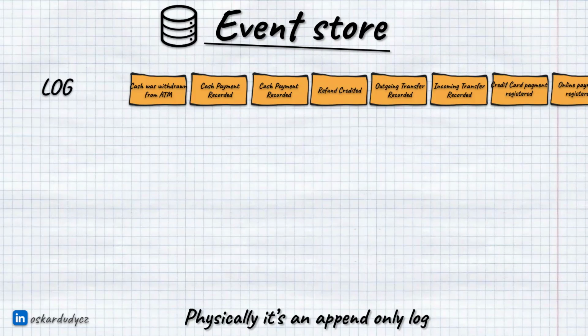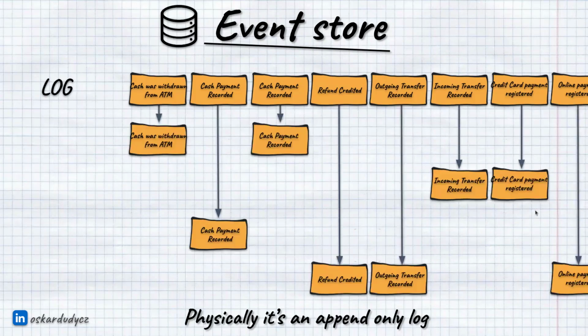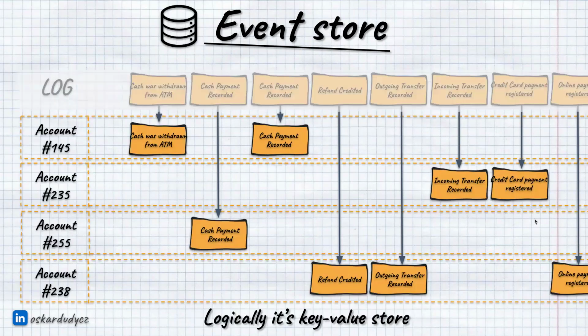Because in many cases, physically, they are indeed an append-only log, as we are adding new events one after another. However, logically, if we look at them, this potentially huge append-only log is actually split into logical things, and those groupings of events are called event streams.